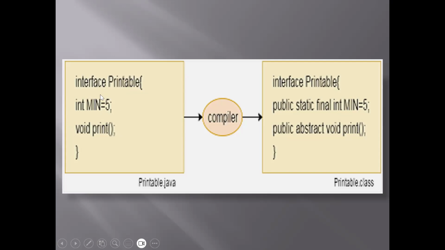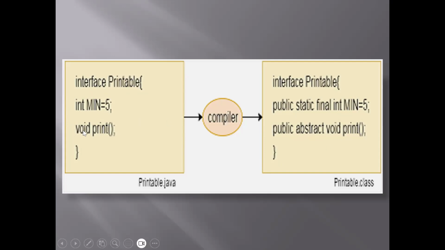But this code by default will be shifted to this one on the right side. The void print will by default be declared as public abstract. As you can see here, the print method is an abstract method, and we didn't use the abstract keyword. Why?